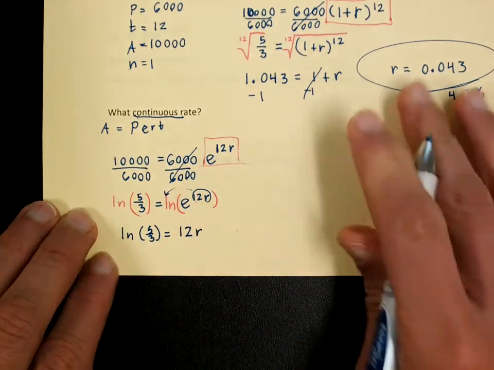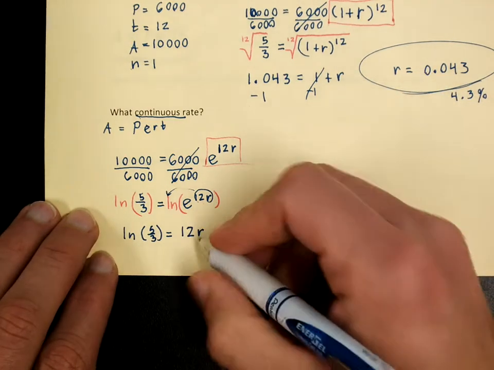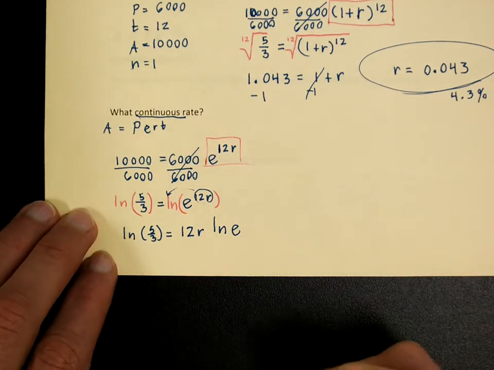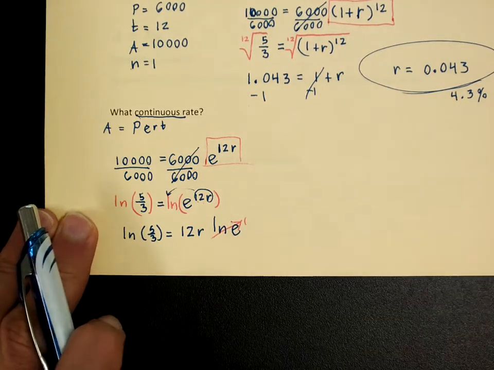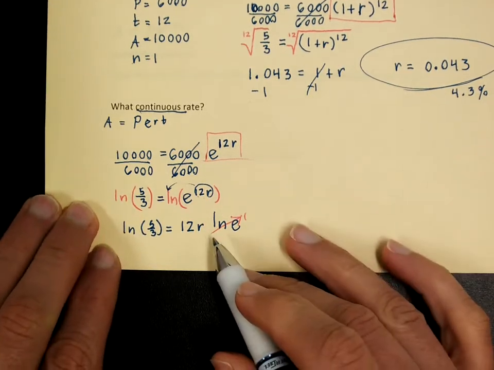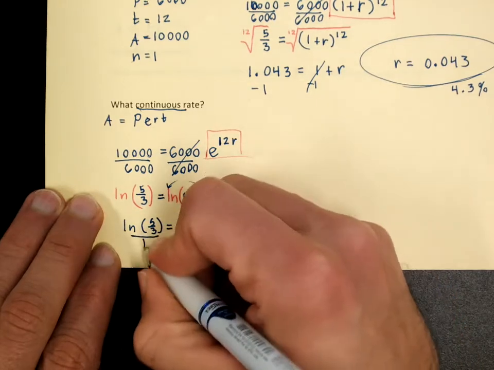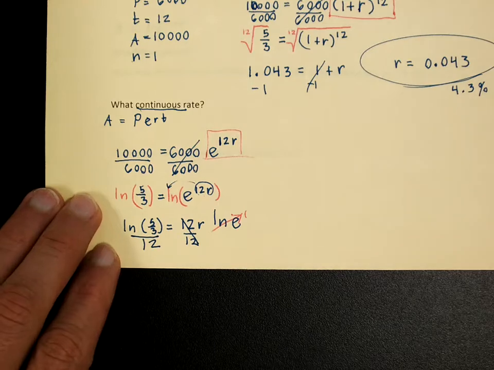Don't forget that. I can move this 12R in front, and maybe I should at least write it so you can see it. That's what I'm doing first, and then this right here is 1. It cancels out, so all I end up with is just this, which then finally I'm going to divide by 12, and that should give me the answer. If you plug all this in on the calculator, I actually don't know what that is.